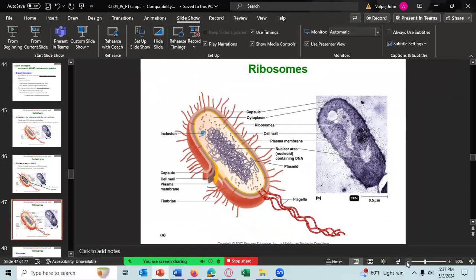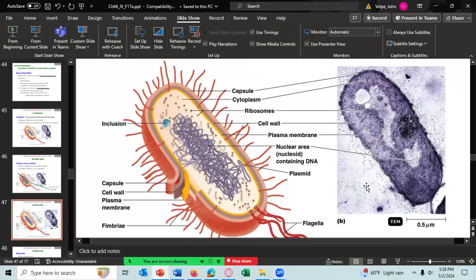The ribosomes are made up of protein and RNA, and they are so large that they do not go into solution of the cytoplasm, and you can actually see them in the cell with an electron microscope.